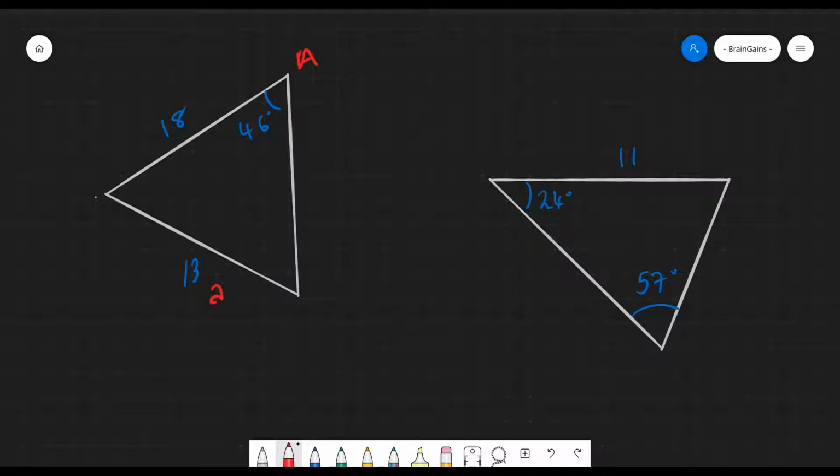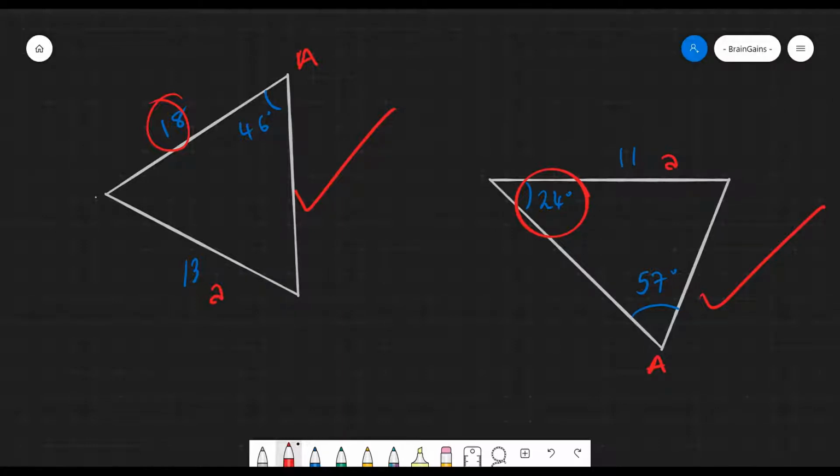So we are able to use the sine rule as long as we have another side or an angle, which we have here. So the sine rule is applicable here. Now, if we take a look at the second triangle, if we call this angle A, then this must be side A. So the first condition has been satisfied, and because we have another angle, the sine rule is applicable here as well.